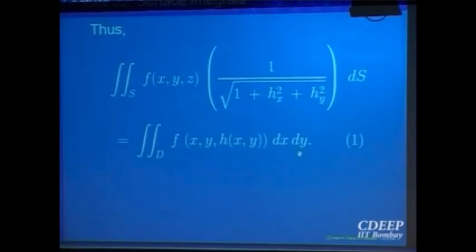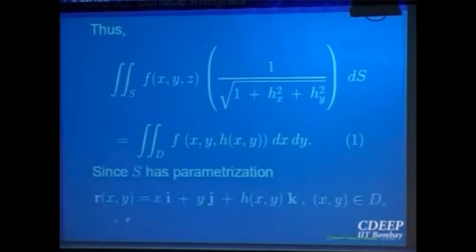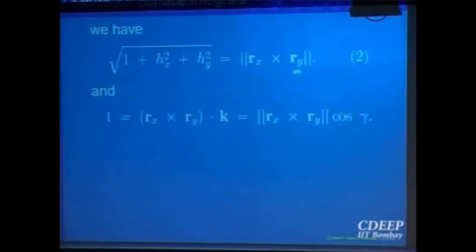I get a new expression, instead of f, for every function f, the surface integral. I am just revising those concepts again. This was equal to Ru cross Rv, so the dot product gives you cos gamma, so secant gamma is 1 over that thing.